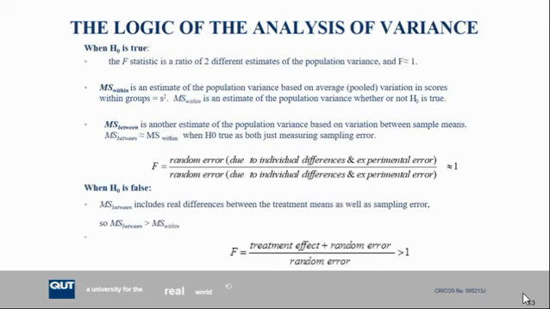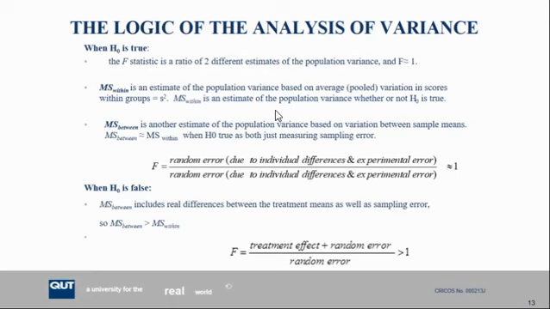So if you think about the logic of what we're doing, if the null hypothesis is true and our IV has had no effects, then our F statistic is simply the ratio of two different ways of estimating the population variance, and therefore it will be close to 1. So MS within is an estimate of our population variance, the amount of individual difference there is on our DV in the population.